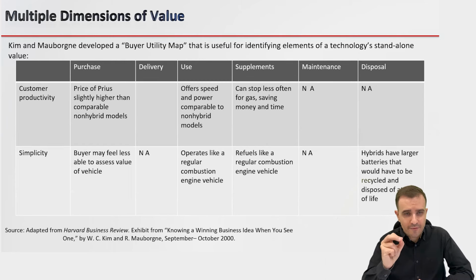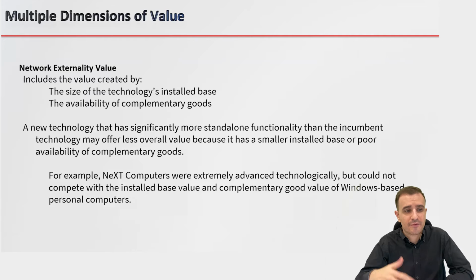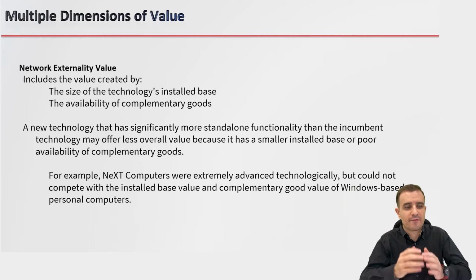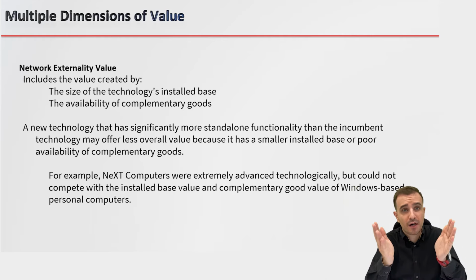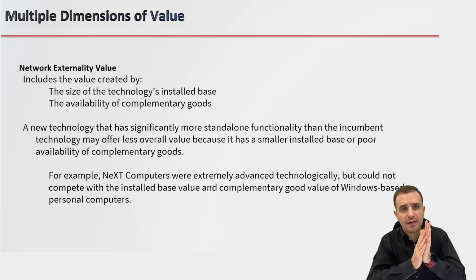So we have seen how to evaluate the technology standalone value, the utility of a technology. However, we still have other elements, other dimensions to consider: the installed base and the complements. To grasp this concept better, let me give you an example coming from the smartphone industry.